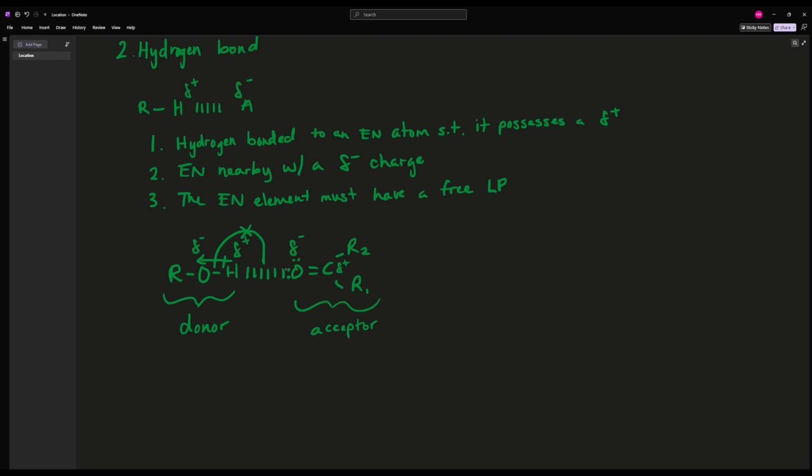Now, a very cool thing that you will talk about in Biochem 102 is that hydrogen bonds can actually facilitate the movement or the generation of oxygen-hydrogen covalent bonds. It's very, very cool. However, it is beyond the scope of what we will talk about in this class. So slot it away until you reach biochemistry.